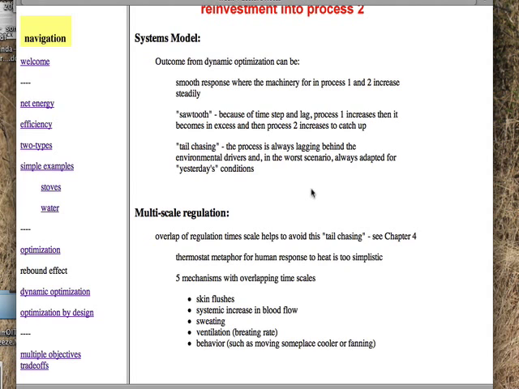But there is a possibility that if you're doing this in a variable environment, say like a fluctuating or oscillating environment, that the time lag could mean instead of optimizing for where you should be, you're always optimizing for where you were. You're chasing your tail. You're never optimal because you're always optimizing to the wrong criteria.